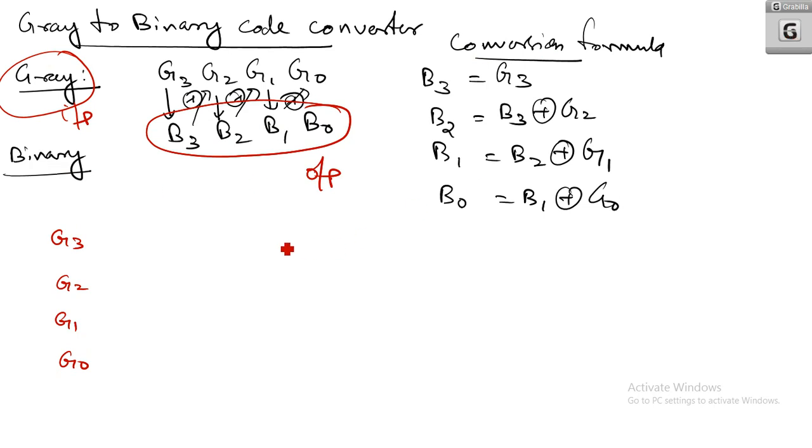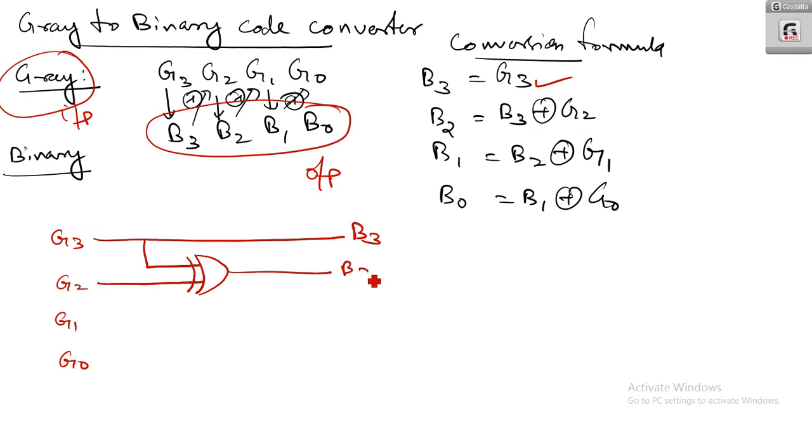B3 is equal to G3, so you can directly connect. So that is the first expression. Second one is B2 is B3 XOR G2. So B3 itself is XORed with G2.